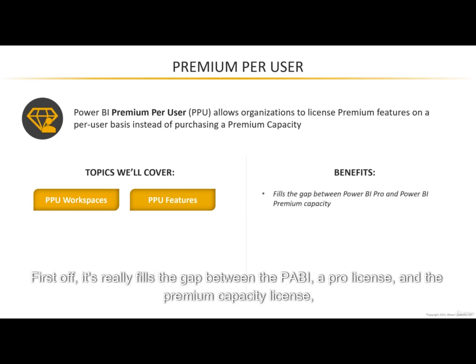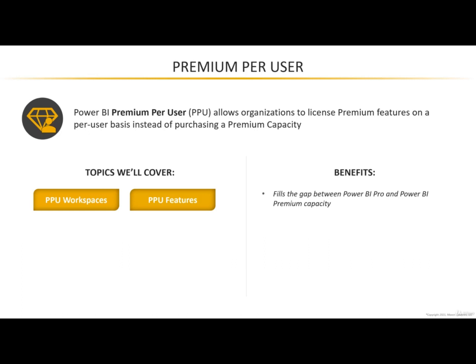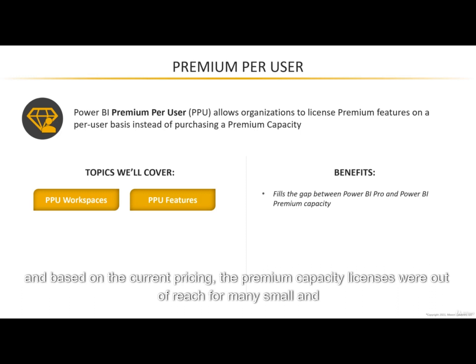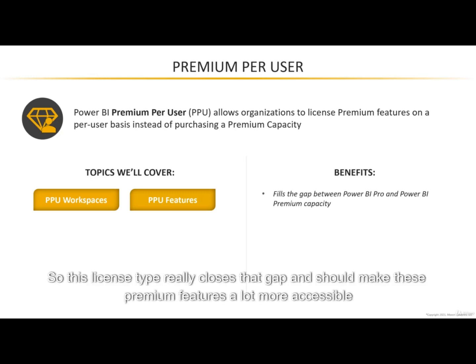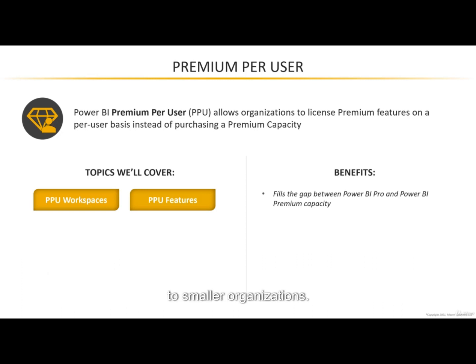First off, this really fills the gap between the Power BI Pro license and the premium capacity license. And based on the current pricing, the premium capacity licenses were out of reach for many small and mid-sized organizations. So this license type really closes that gap and should make these premium features a lot more accessible to smaller organizations.